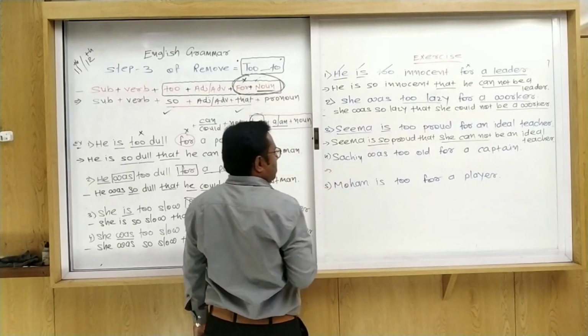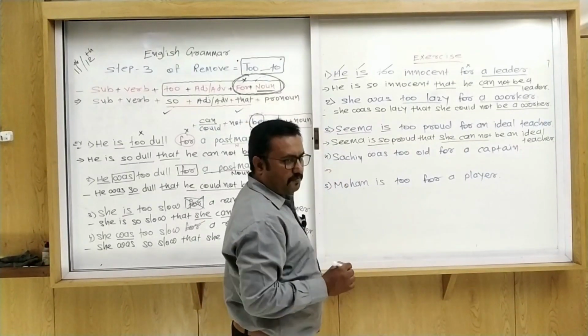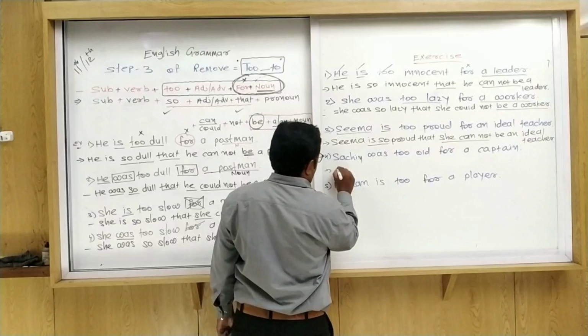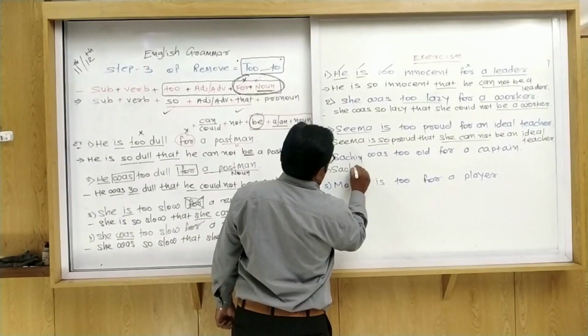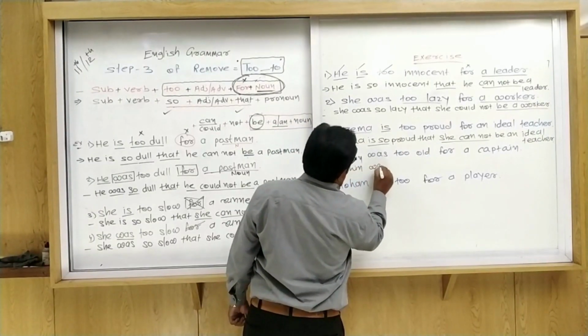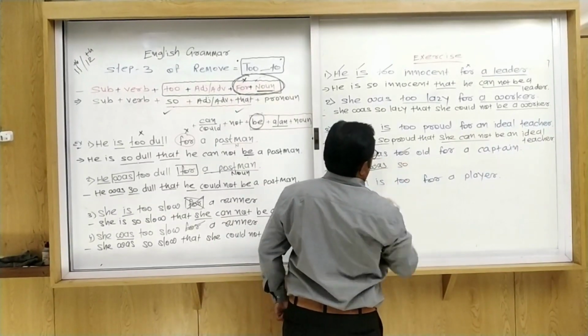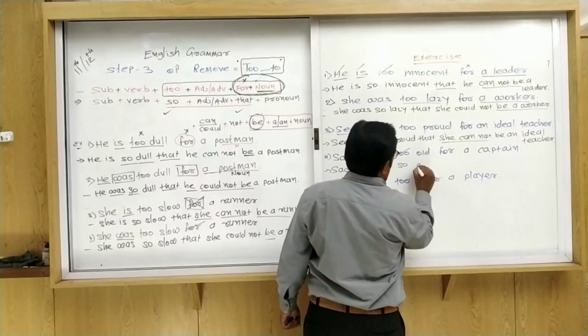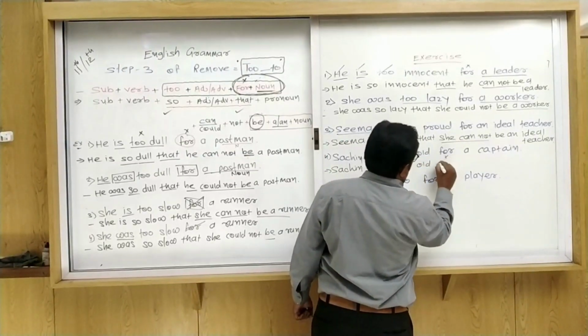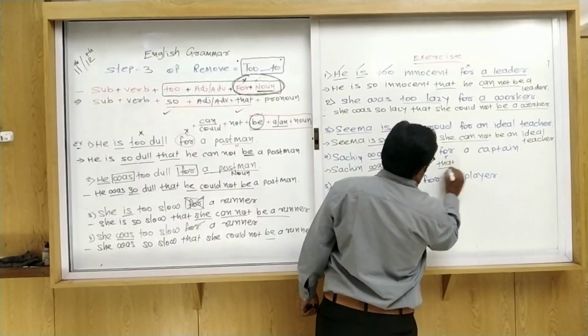Now next, Sachin was too old for a captain. So first of all, what is the subject here? Sachin. So write Sachin. To be, was. So was, removing to and using so, old, remove for, right here is a conjunction, that.